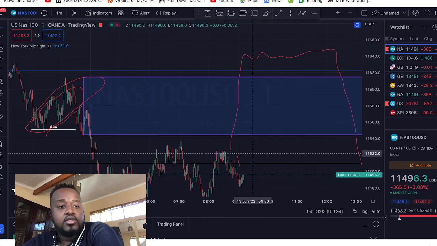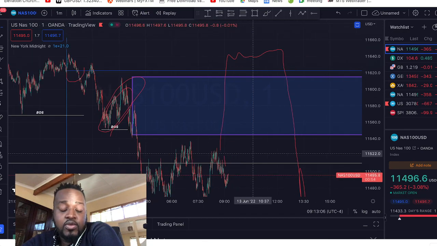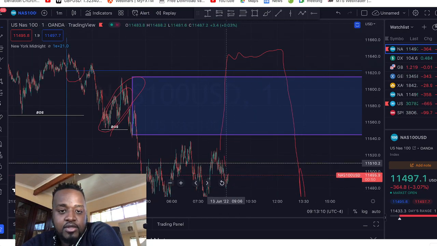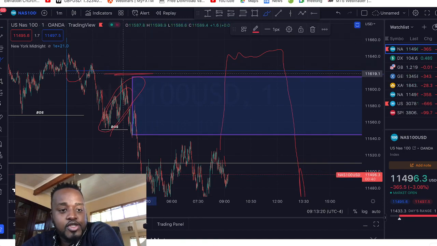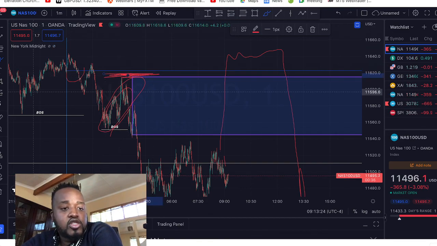There we go. So that's what I'm expecting, and we'll see if it happens. We're expecting price to go up a bit, to be a bit bullish, go over this order block, and probably take out that order block and all that buy side liquidity that's lying in here. There are stop orders. What is buy side liquidity? Those are orders, sell stops.